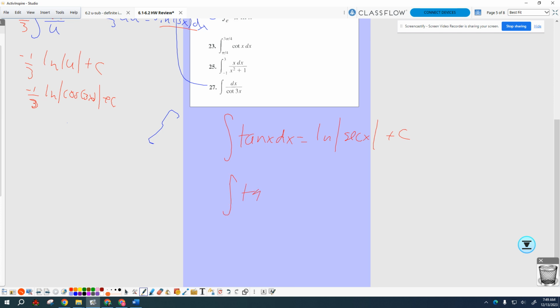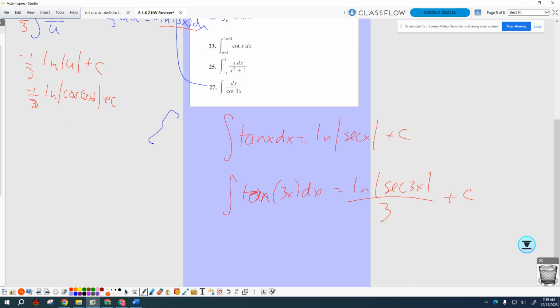Well, this problem was tangent 3x. So that would be ln secant 3x. And chain rule would have been multiplied by the derivative of the stuff inside, but we're going the other direction, so I divide. It's closer, but still different.